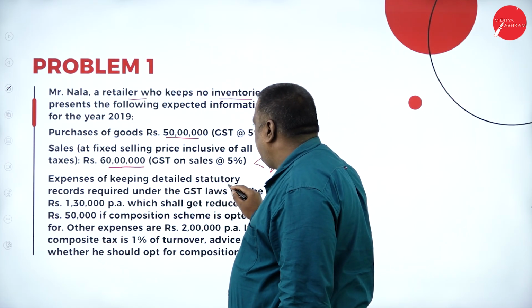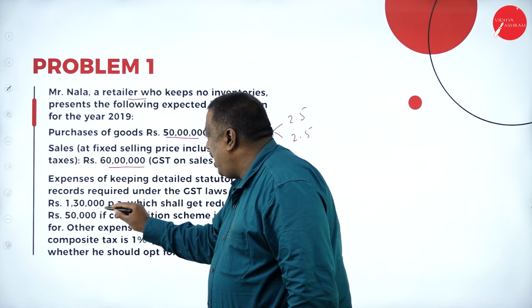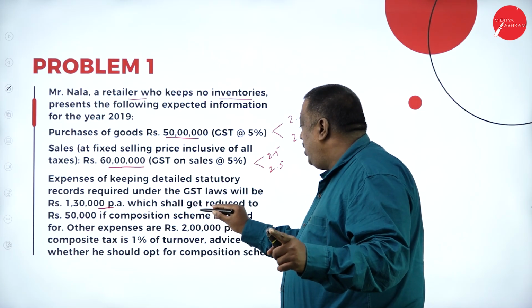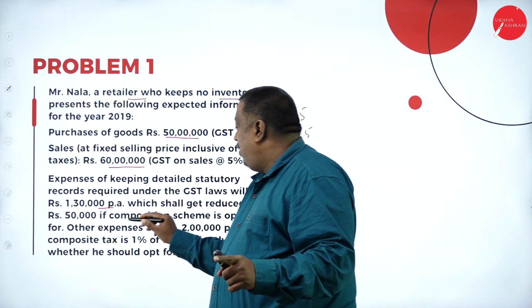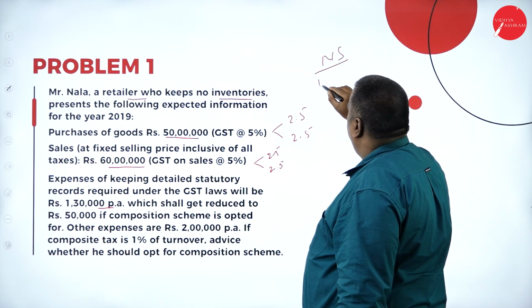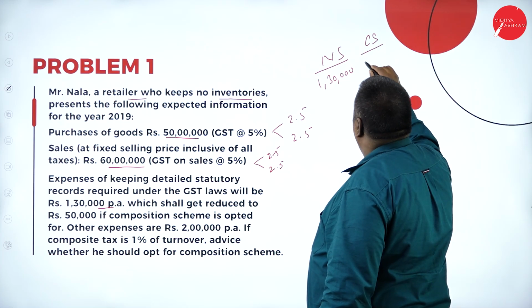Expenses for keeping detailed statutory records required under GST law are 1,30,000 per annum for the normal scheme, which get reduced to 50,000 under the composition scheme.